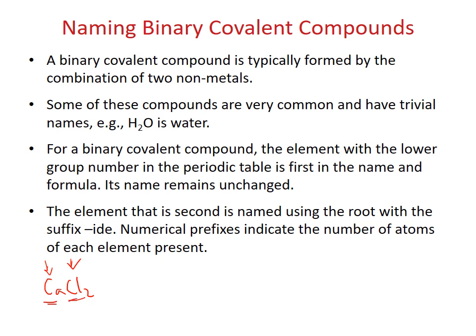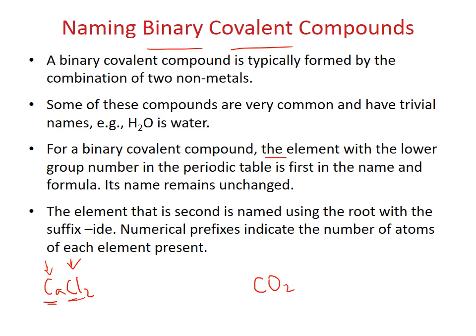Okay, now what about a binary covalent compound? So again, let's use CO2. Okay, this is a covalent compound, also a binary covalent compound. So how do you name this one? The rule is, because a covalent compound doesn't have a cation or anion, which one goes first?